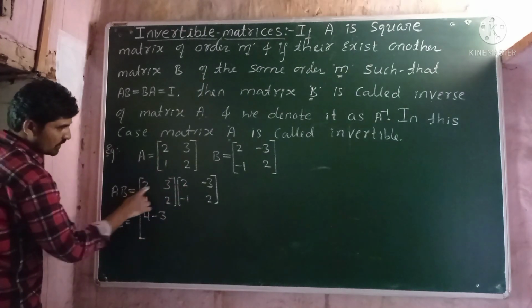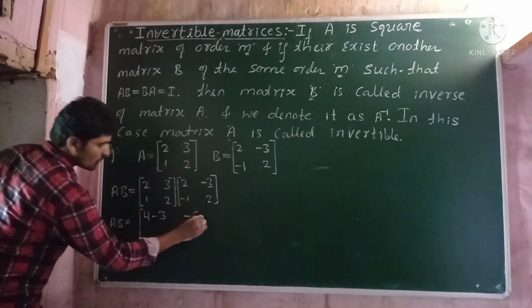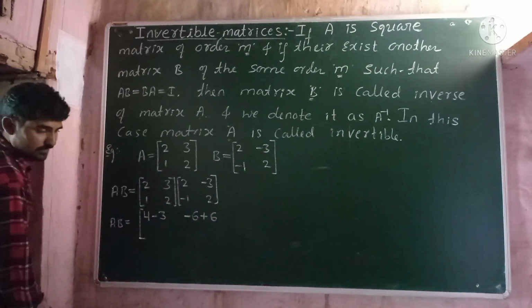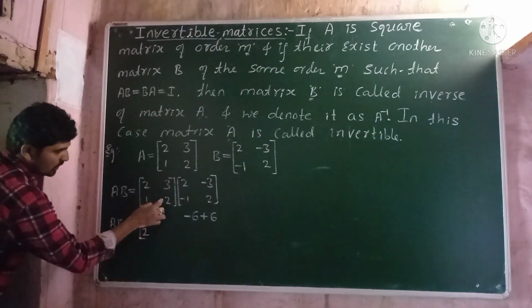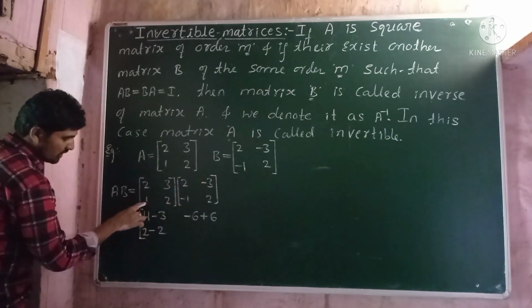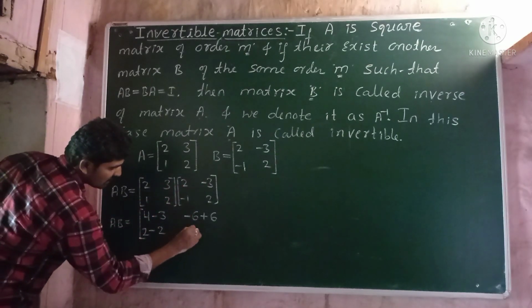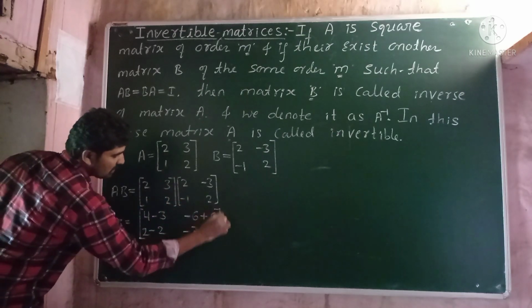First row, second column 2 into -3, -6, 3 into 2, +6. Second row, first column 1 into 2, 2, 2 into -1, -2. Second row, second column 1 into -3, -3, 2 into 2, +4.